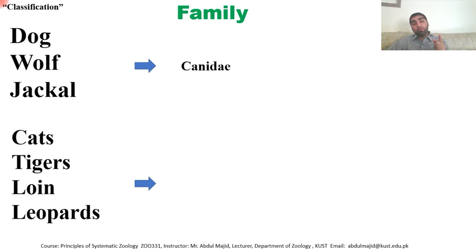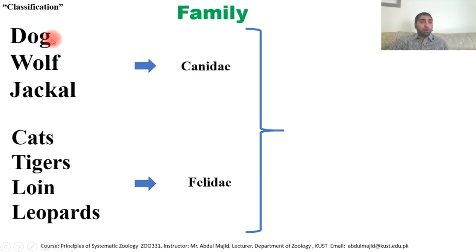But all of these cats, tigers, lions, and leopards have cat-like characteristics, and they are placed in a family that is known as Felidae. So Felis, Panthera, and Canis, these three genera are now placed in families, one in family Canidae and another in the family Felidae. Again, all of these have some other characteristic in common.